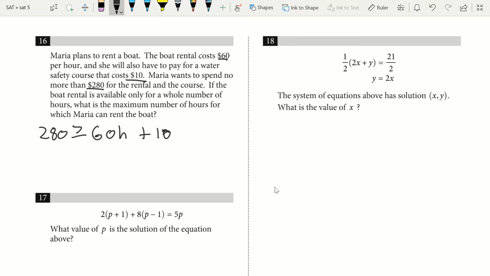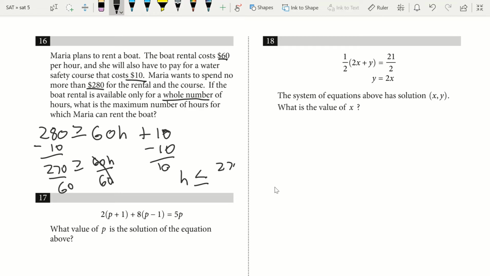If the boat rental is available only for a whole number of hours, what is the maximum number of hours for which Maria can rent the boat? So we subtract 10 from each side so we can isolate H. 280 minus 10 gives us 270. Now we divide each side by 60 so we get H alone. Now we have H must be less than or equal to 270 over 60.